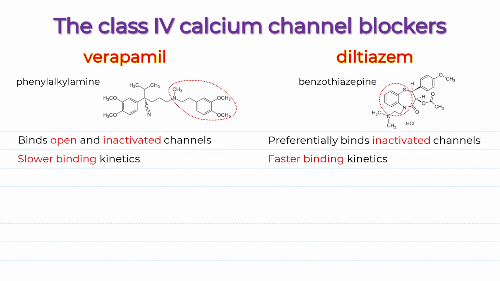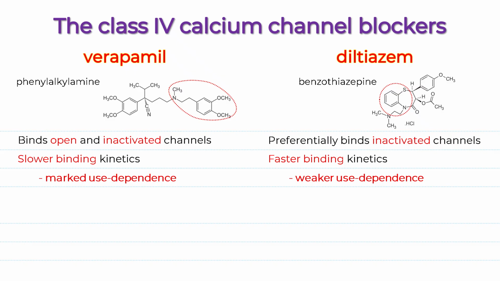These differences in state-dependent binding and kinetics manifest as differences in use dependence. Verapamil shows strong use dependence, block becoming more pronounced at higher heart rates when channels open and inactivate more frequently. Diltiazem, with faster kinetics, produces a smoother block that varies less with heart rate.